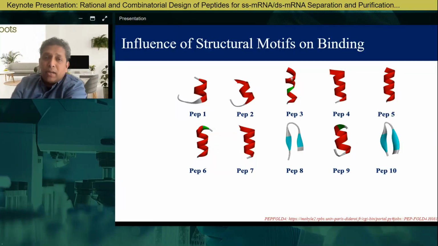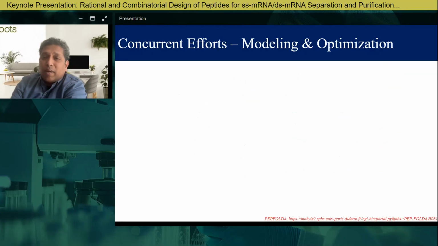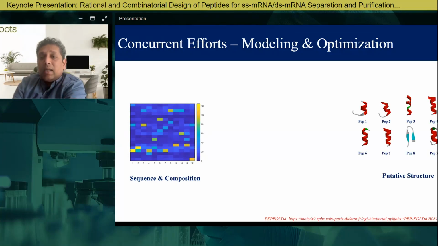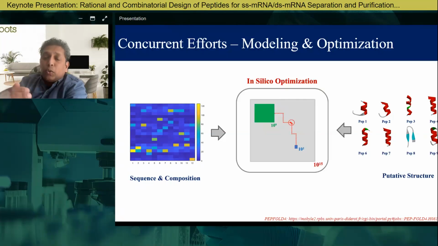And at this point, what we are trying to do is take all of this information from the sequence and composition trends that we see from combinatorial screening, the structure, sequence, and composition trends that we see from rational design, and then combine that information to go to in silico optimization, where we are trying to dock these peptides, model these peptides, understand the fundamental binding interactions, and then taking leads from docking to full MD simulations.